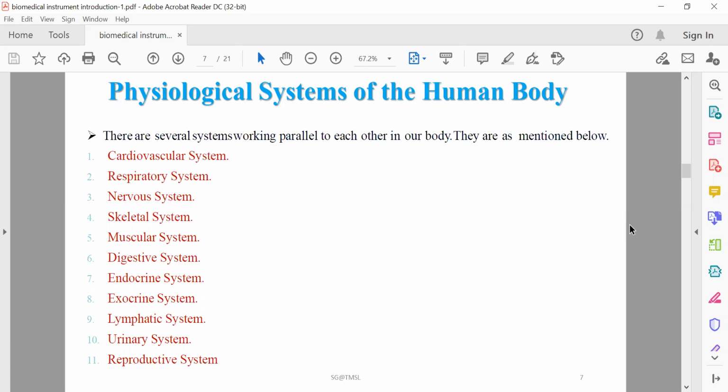Next is the muscular system, which is an organ system consisting of skeletal, smooth, and cardiac muscles, and it basically permits the movements of the body, maintains the posture, and circulates the blood throughout our body.